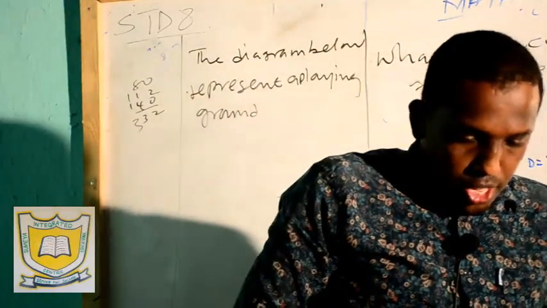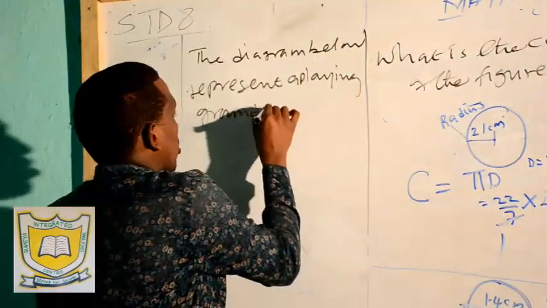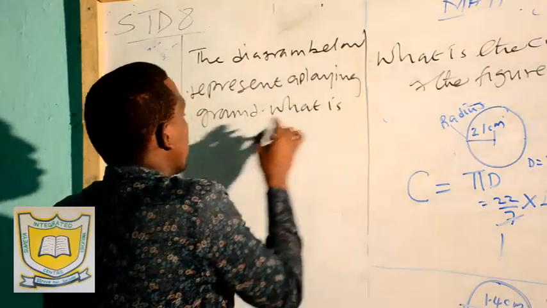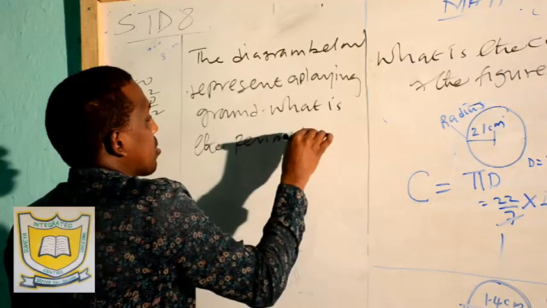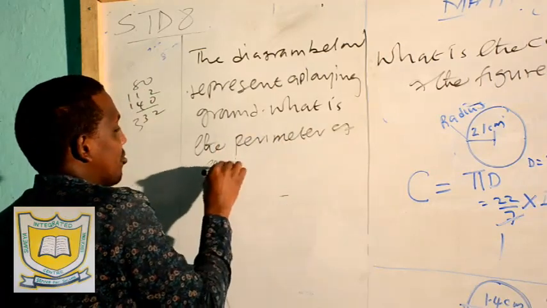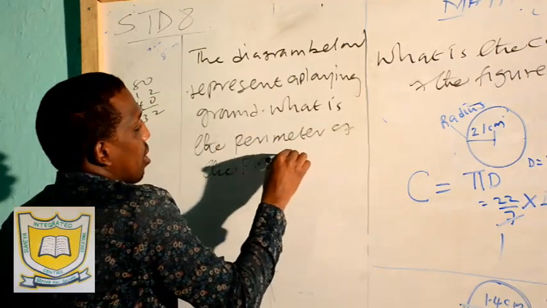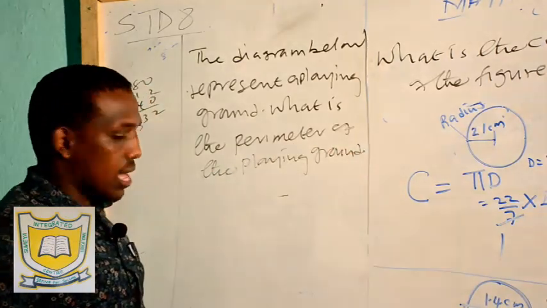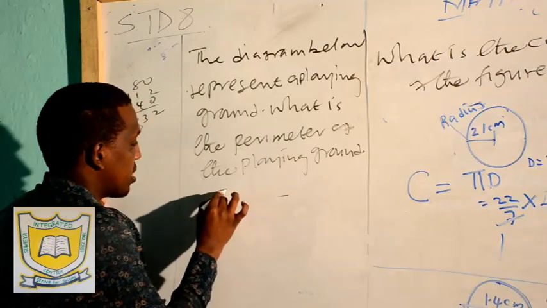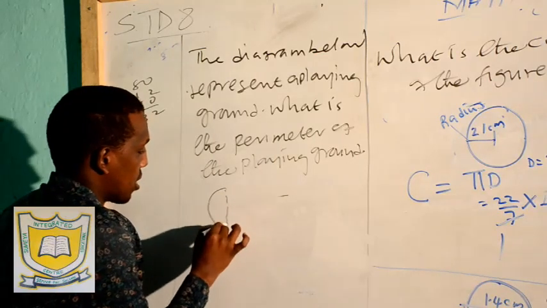What is the perimeter of the playing ground? What is the perimeter of the playing ground? Then they have drawn this figure.